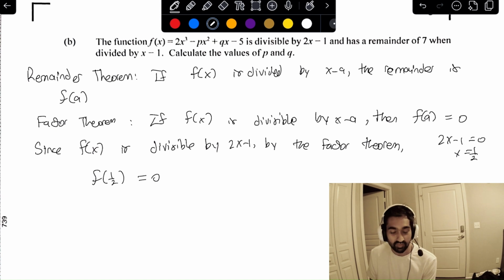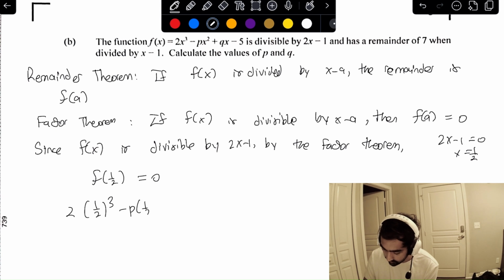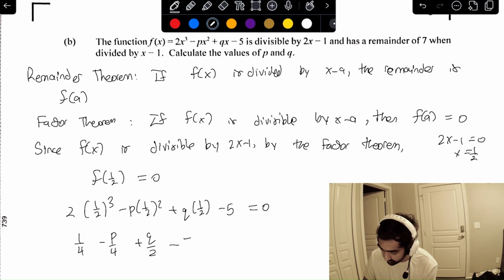That's how I got the 1/2 to plug in here. So that means that 2 times (1/2) cubed minus p times (1/2) squared plus q times 1/2 minus 5 equals 0. And that means if I expand out, this is 1 over 4 minus p over 4 plus q over 2 minus 5 equals 0.